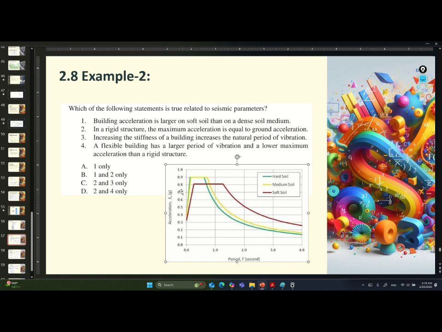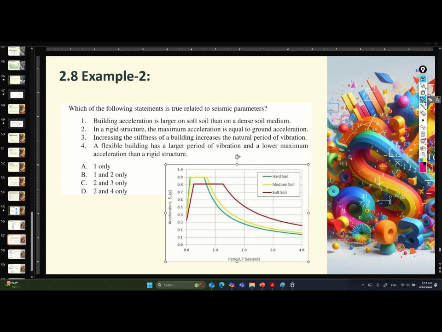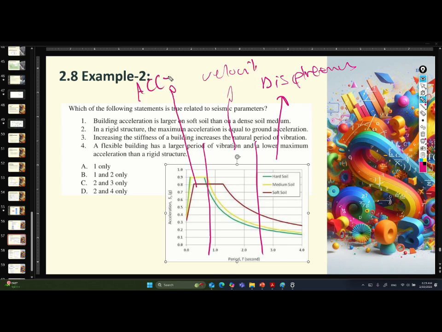Going back to the acceleration part, the response spectrum can actually be divided into 3 parts. Here we can tell it is displacement, this one is for velocity, and the third one will be acceleration. So if my site class is hard soil, it will go to the acceleration part.